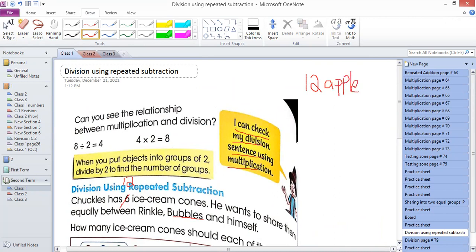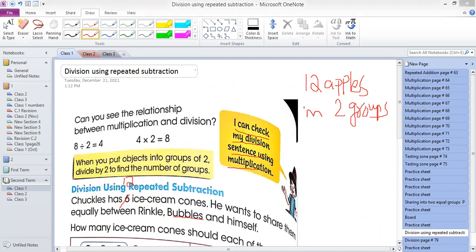Share 12 apples equally into 2 groups, one for your friend and one for your brother. Tell me the answer: in one group how many apples will be there?